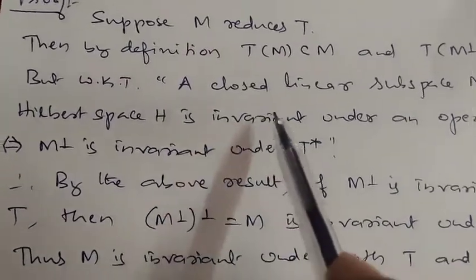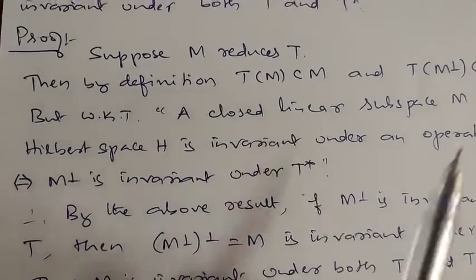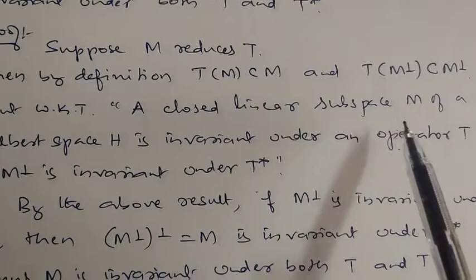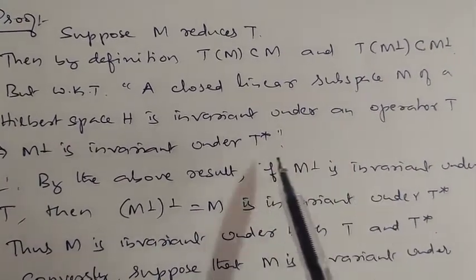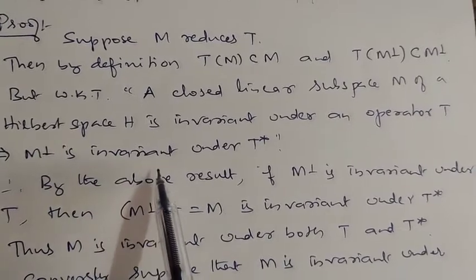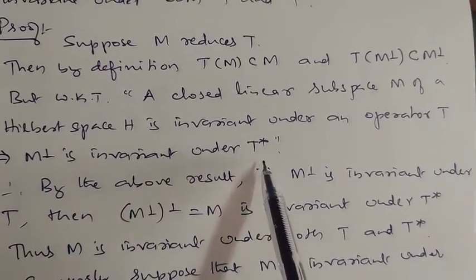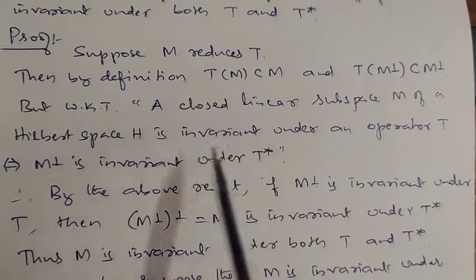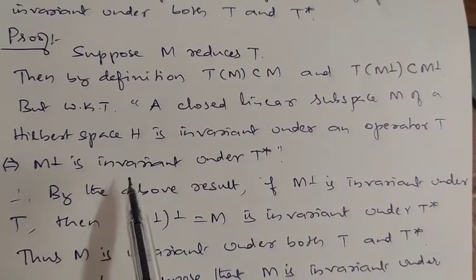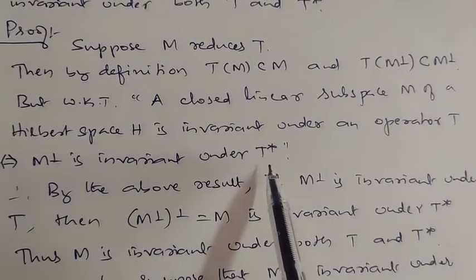Now we know that a closed linear subspace M of Hilbert space H is invariant under an operator T if and only if M perp is invariant under T star. This result we already proved. If M is invariant under T, then its orthogonal complement is invariant under T star.